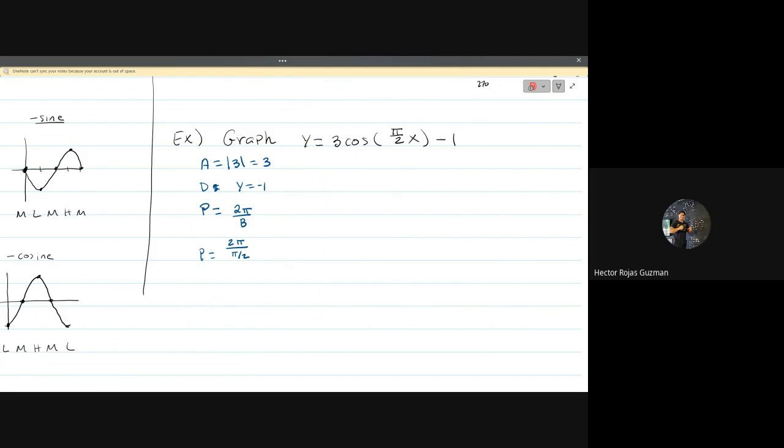If you're dividing by a fraction, you've got to do your keep, change, flip. In math terms, just multiply by the reciprocal. So the period becomes 4 pi over pi, which simplifies to 4. These are the 3 things that I've got to use.